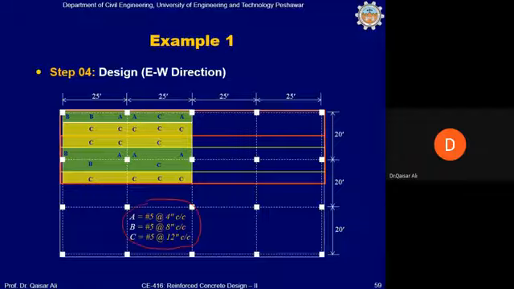First of all, coming to the negative reinforcement, this is AA. There will be negative reinforcement as top bars. If you take a cross section of this, at AA we have negative bending moment, and negative reinforcement, we place top bars. This is number 5 at the rate of 4 in center to center. We have just calculated this value, and this value was coming out to be number 5 at the rate of 4.5 in center to center.